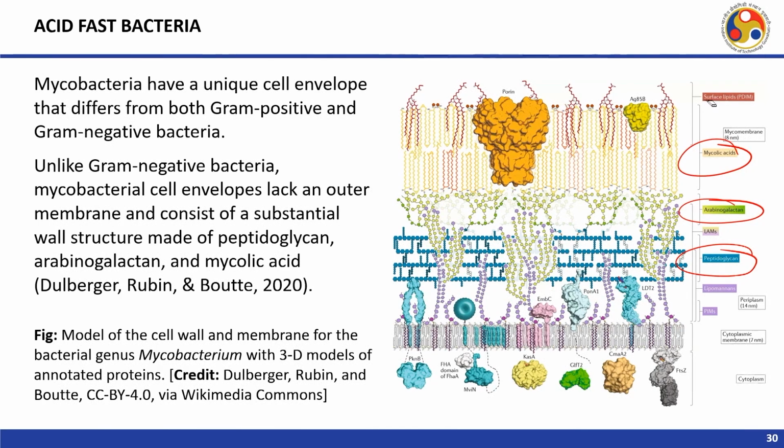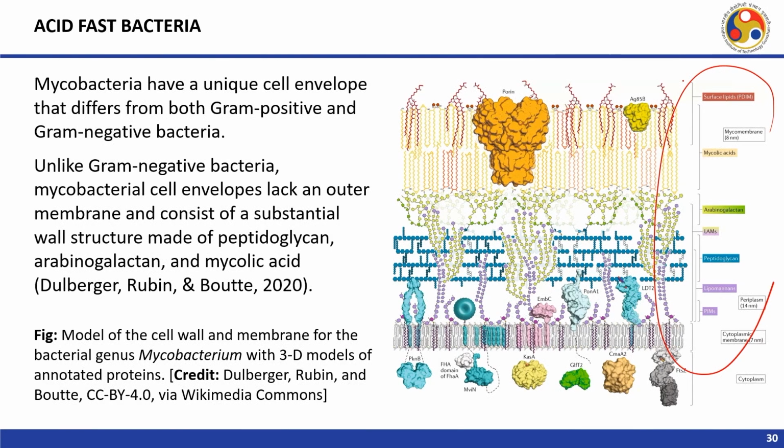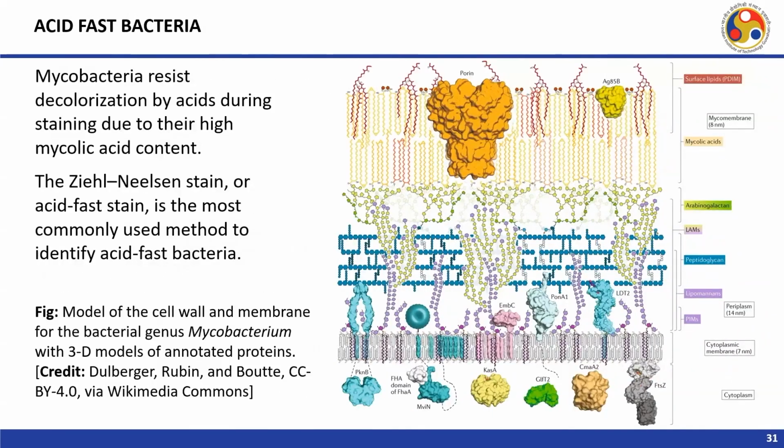This figure shows the model of the cell wall and membrane for the bacterial genus Mycobacterium and shows the different proteins which are present, including in the cell membrane and cytoplasmic membranes.